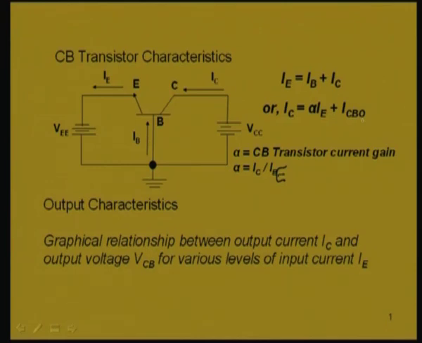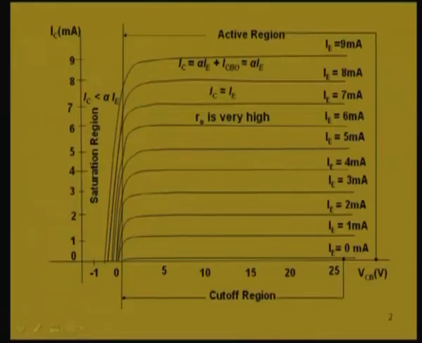Now, to draw the output characteristic of a common base transistor, we have to plot the characteristic of IC versus VCB for different levels of the input current IE. So, this plot is the output characteristic for a common base transistor.